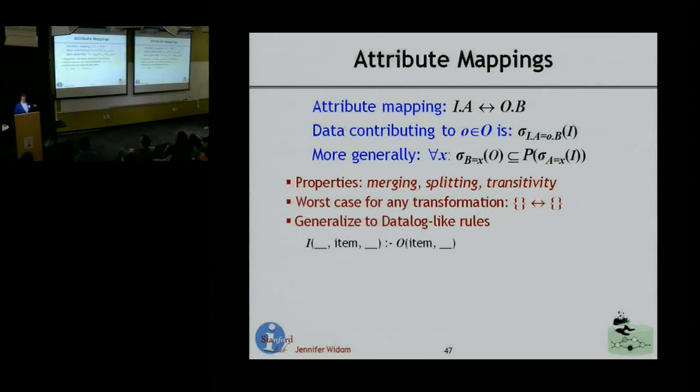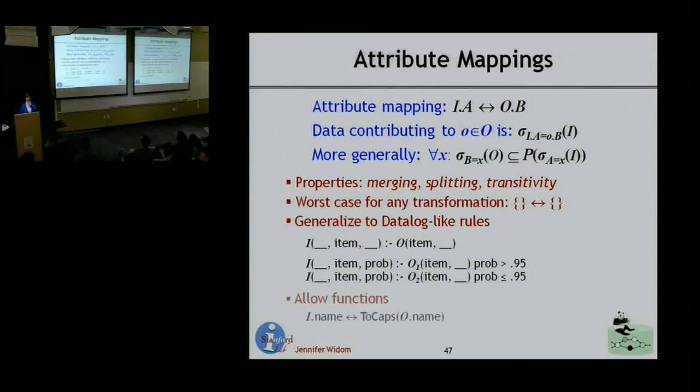Now, we can actually generalize these attribute mappings to more Datalog-like rules. This would say, the output item attribute here came from the input item attribute, for example. Or we could add predicates. We could say, okay, I have two outputs, output 1 and output 2. Output 1 came from the input items whose probability was greater than 0.95, and output 2 from those whose probability was less than 0.95.